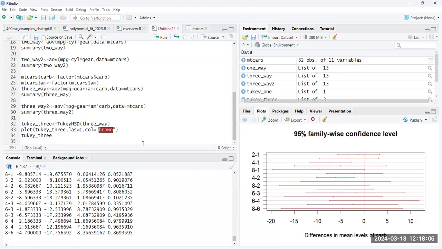But if we were looking at the cylinders, there were 3 factor levels, we would have to do 3 two-way t-tests in order to distinguish them one by one. So this Tukey method is a different way of giving us our analysis to see how these things overlap with each other, or at all.